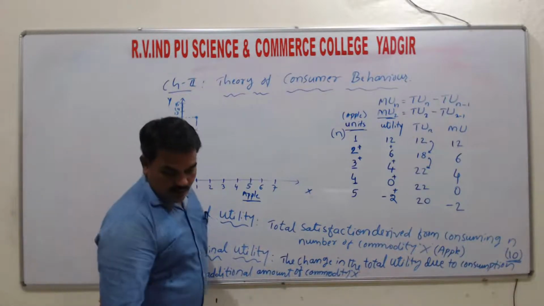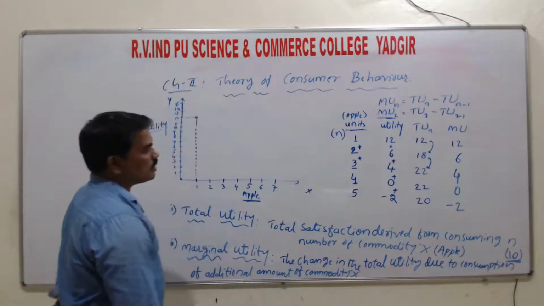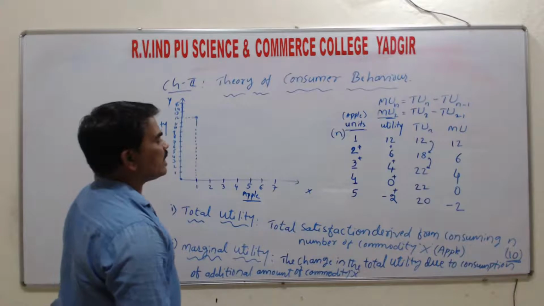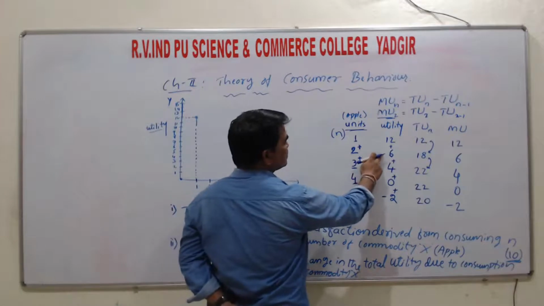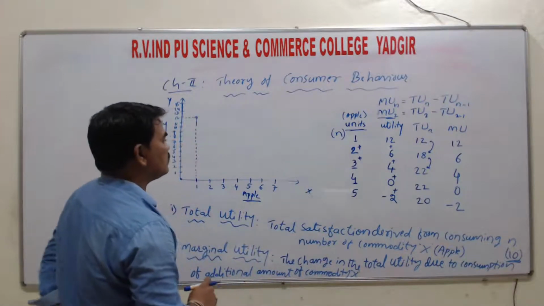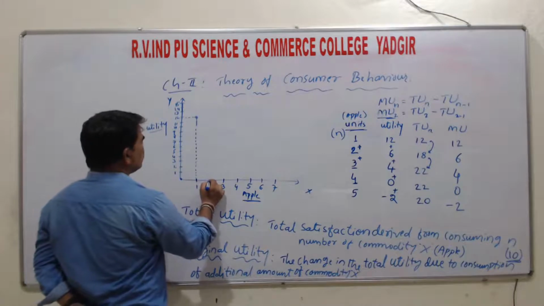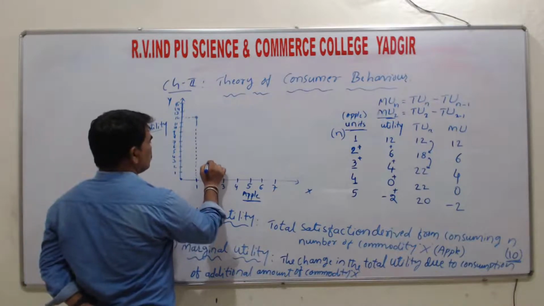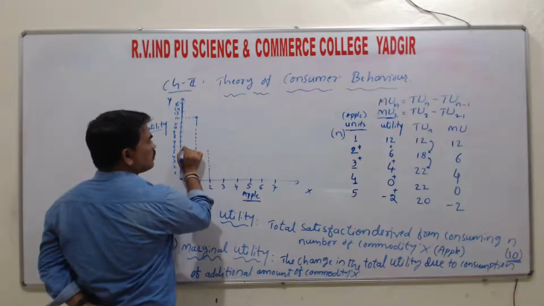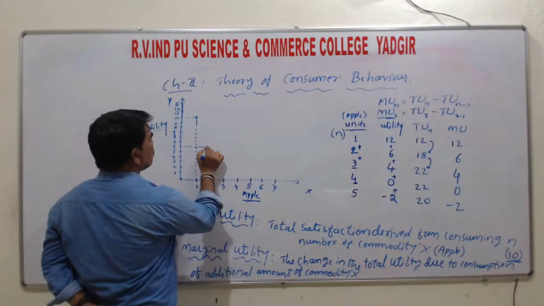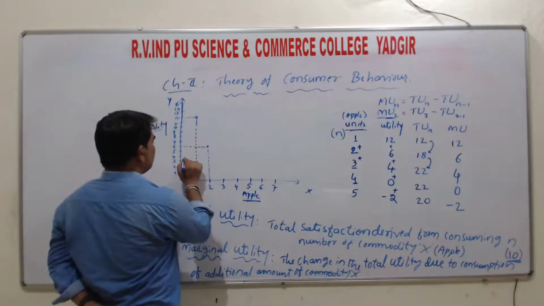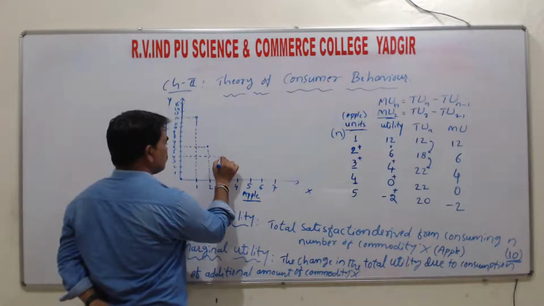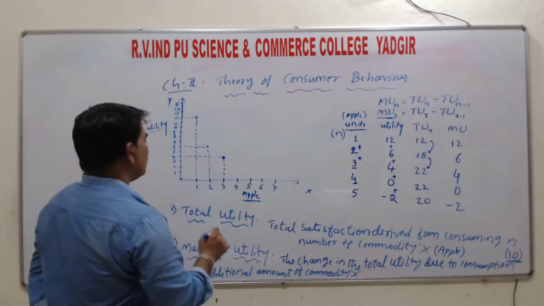Now, when I consume the second apple, my utility is 6. For the third apple, it is 4. And for the fourth apple, it is 0.